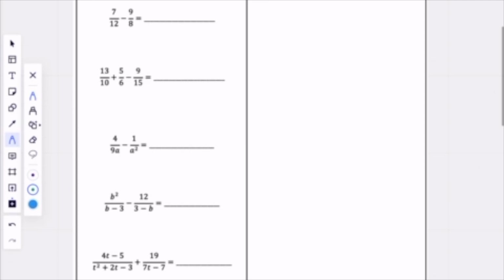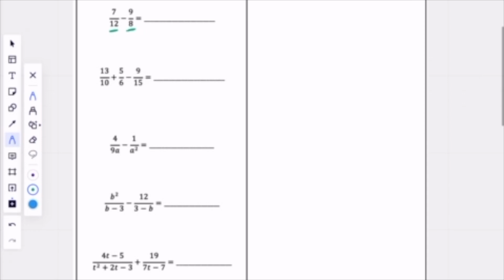All right, so I'm looking at the first example, and it's just a fraction. And I see I've got a denominator of 12 and a denominator of 8. Obviously, these are not the same value. So I want to adjust these fractions so that they have the same value in the denominator.